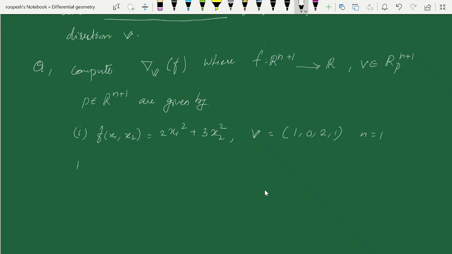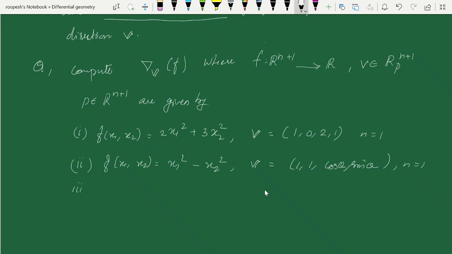Second one, f of x1, x2 is equal to x1 squared minus x2 squared, and v is given as (1, 1), (cos theta, sin theta), n equal to 1.